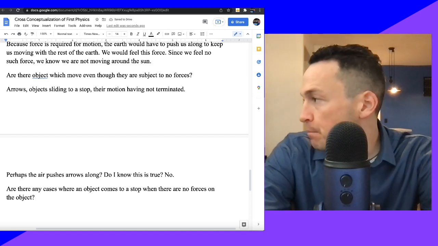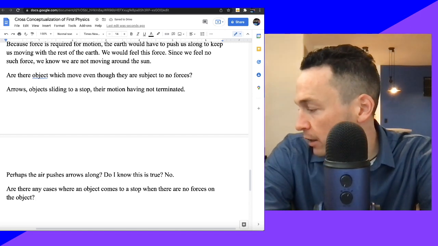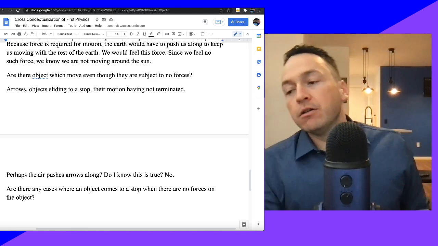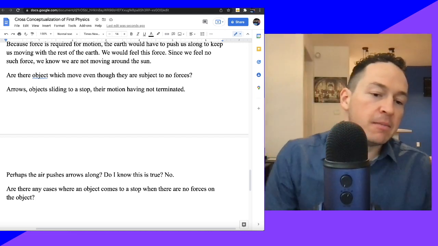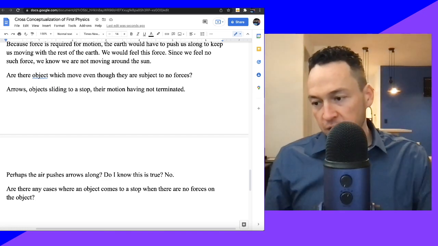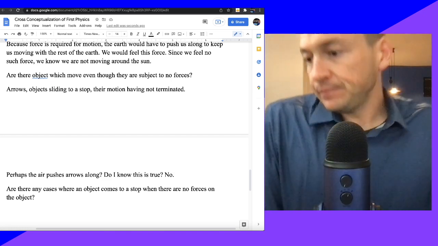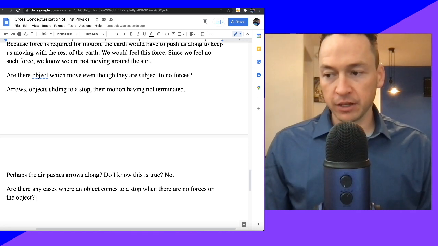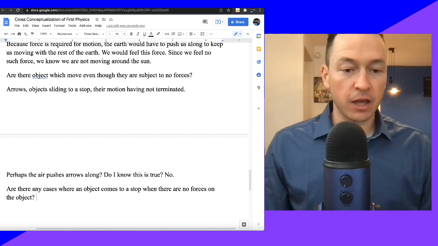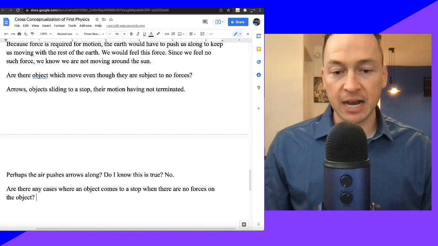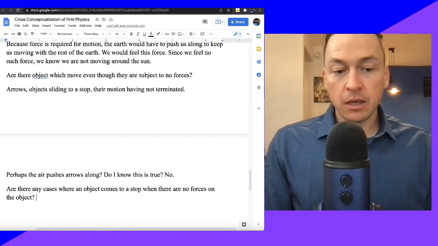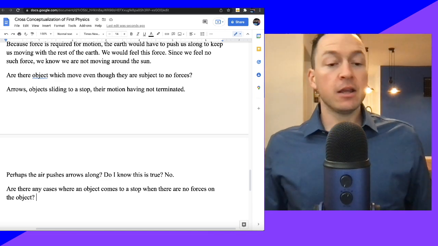Well, you can think of a boat moving through the water and eventually coming to a stop, but we know that water provides some amount of resistance as an object moves through it. What are some other examples that we might dig up for when an object comes to a stop when there's no forces on it?